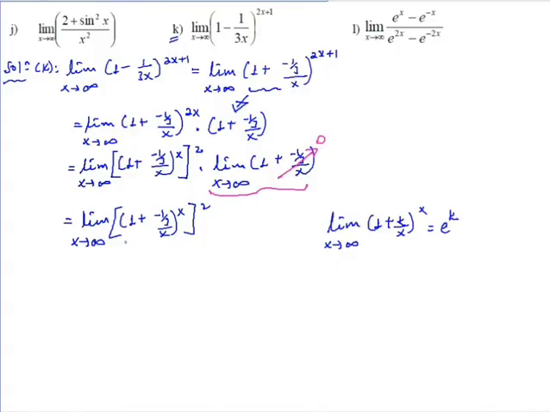So we observe the internal expression, and it becomes e to the power of minus 1 over 3. We do have the whole square, so this becomes e to the power of minus 2 over 3.